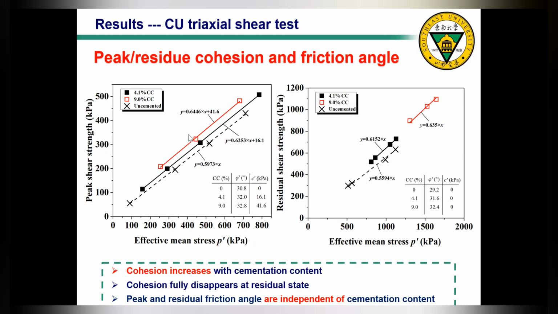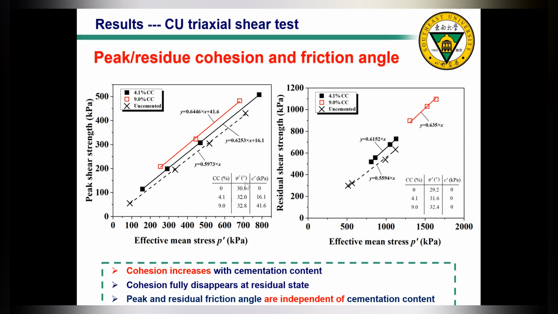The red one represents the high cementation level case, the solid black one represents the low cementation level case, and the dotted one shows the uncemented case. So obviously, with bio-cementation treatment, the effective peak cohesion increases from 0 for the uncemented case to 41.6 for the high cementation level case.